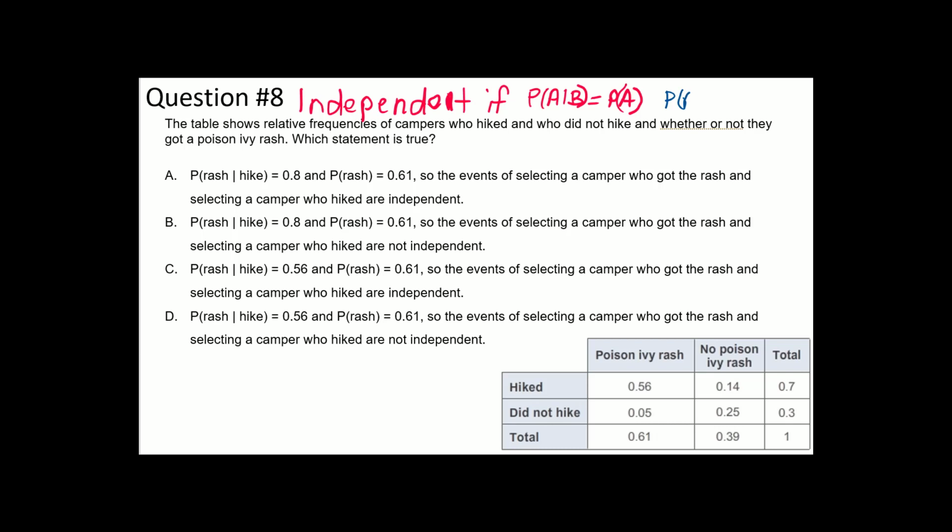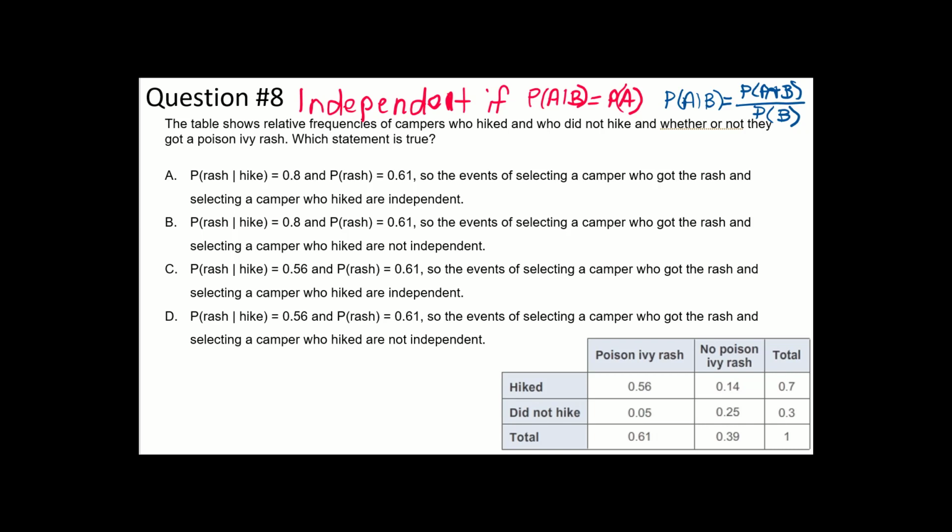So the probability of A given B is equal to the probability of A and B over the probability of B. All right, so let's identify what A and B are.